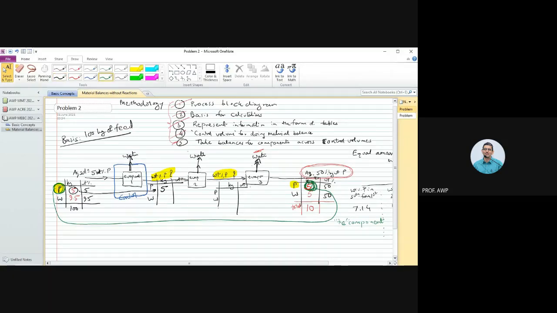If I take this green control volume, again this 5 kg is going to remain unchanged. If I take this gray control volume, then by material balance 5 kgs is coming out. So our control volume can be blue, green, gray, or red.